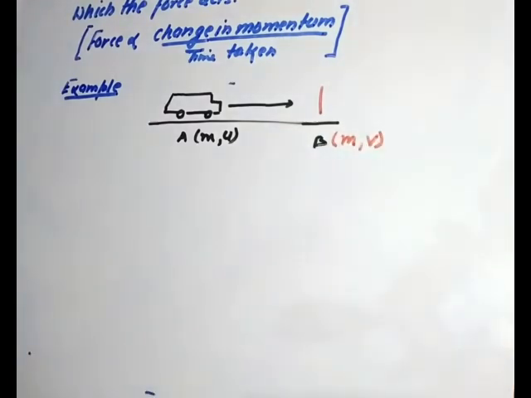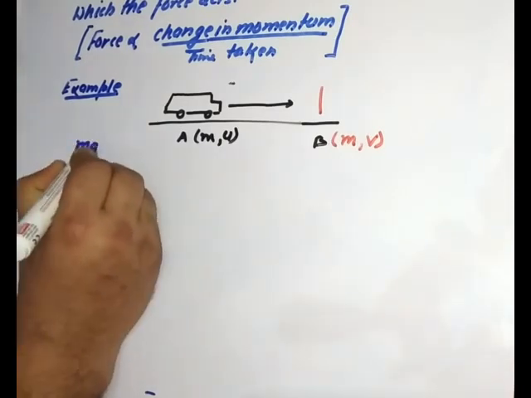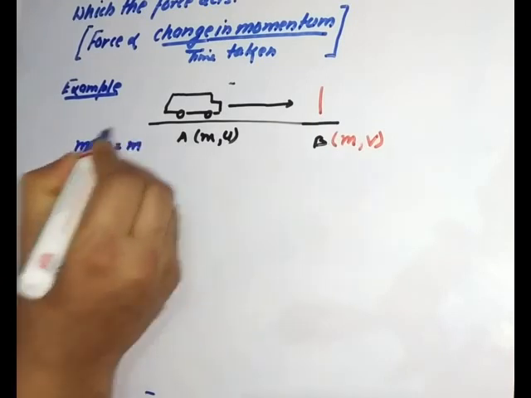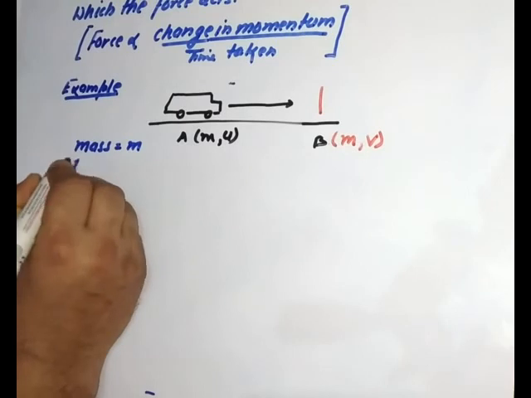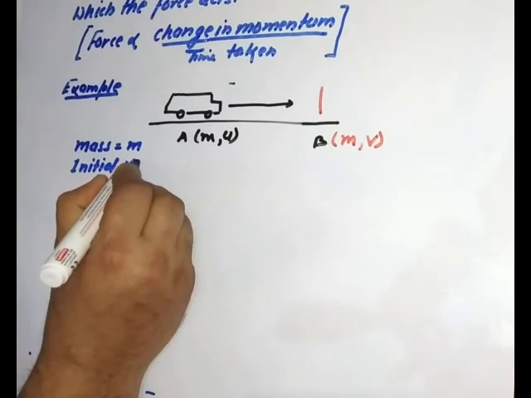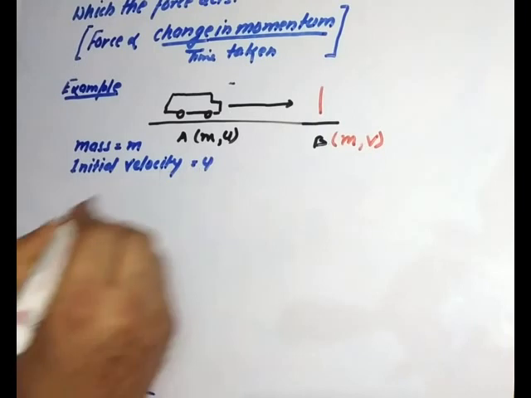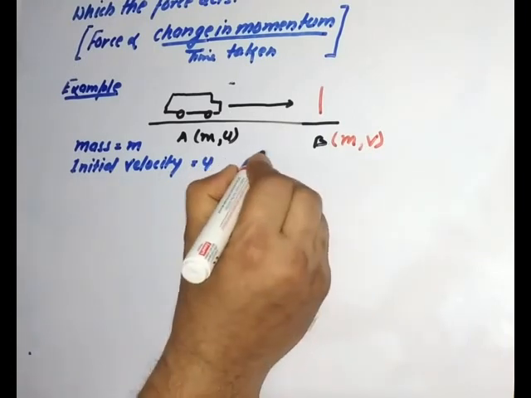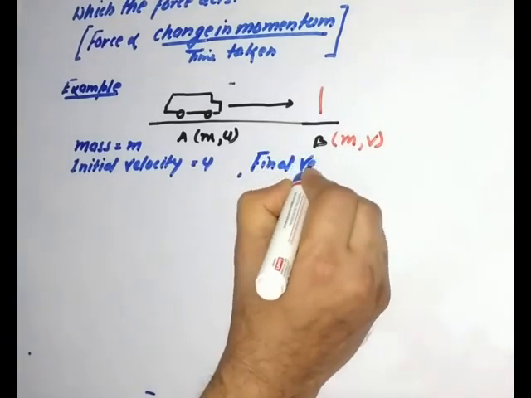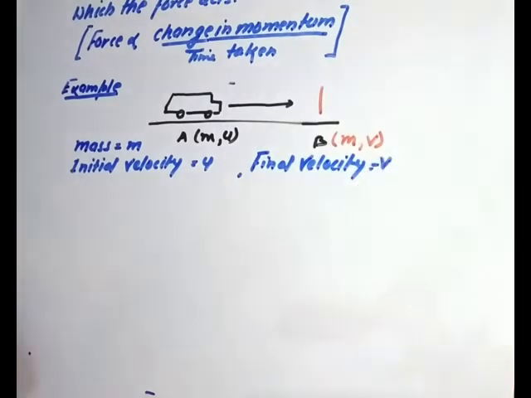So mass equals m, initial velocity u, and final velocity equals v.